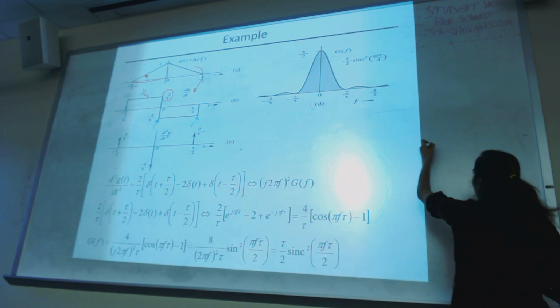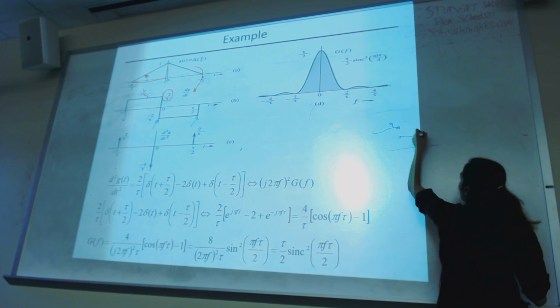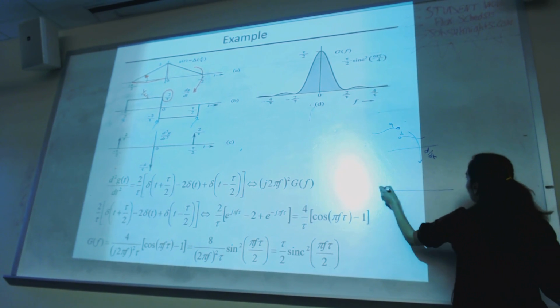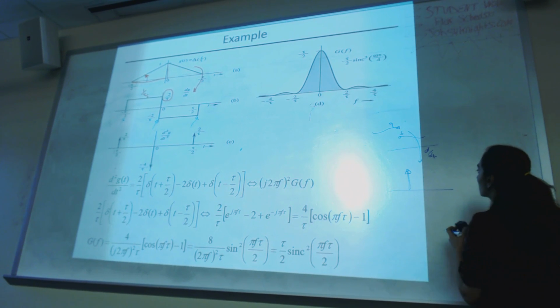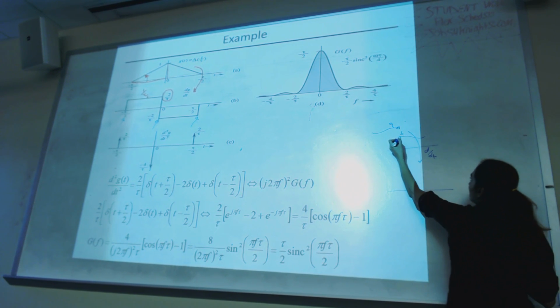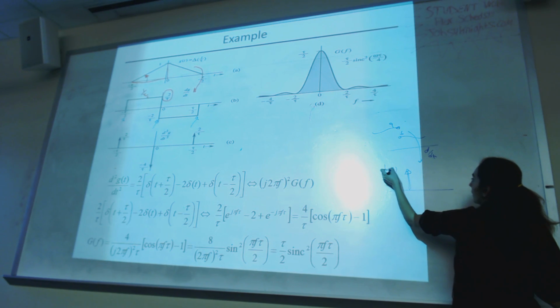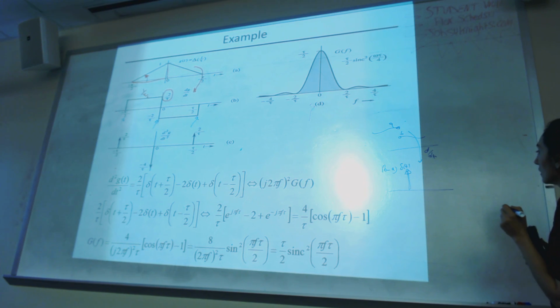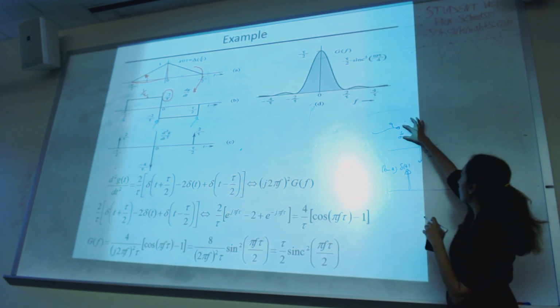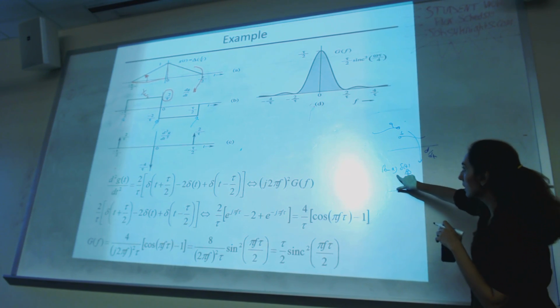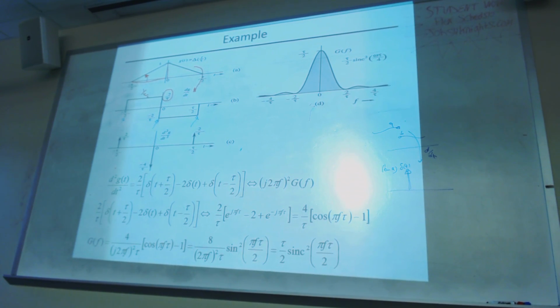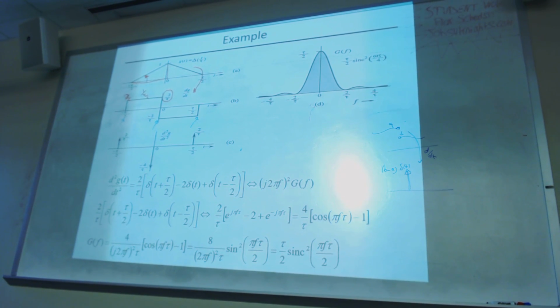In other words, if I have a jump from A to B, when I take the derivative I get a delta. What's the amount of the delta? It is B minus A times the delta. The amount of the jump comes in as a scale. So the jump here is from 0 to 2 over τ.